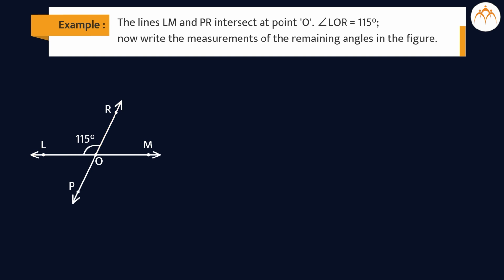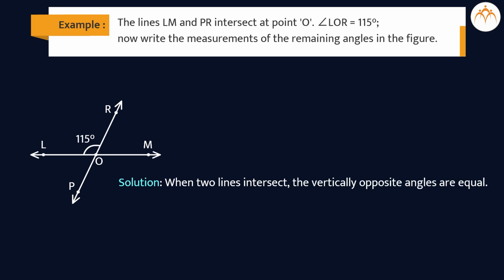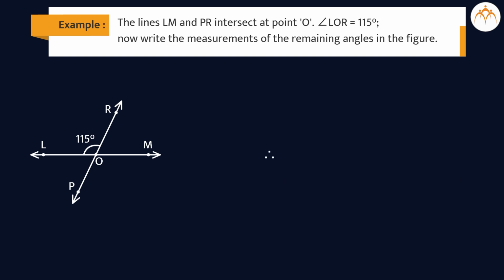What is the solution? When two lines intersect, the vertically opposite angles are equal. Therefore, angle LOR is equal to angle MOP. Hence, angle LOR is equal to 115 degrees.